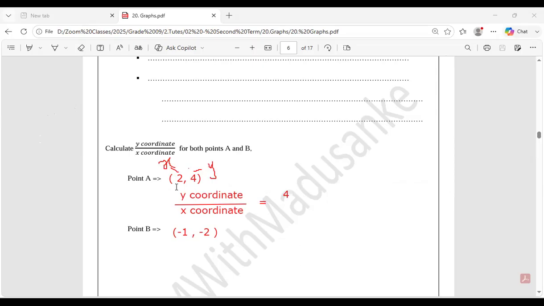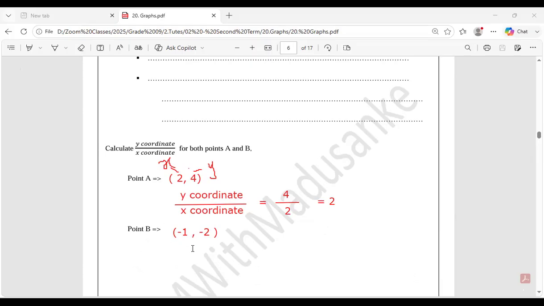Then you are going to divide both of these. 4 divided by 2 is 2.